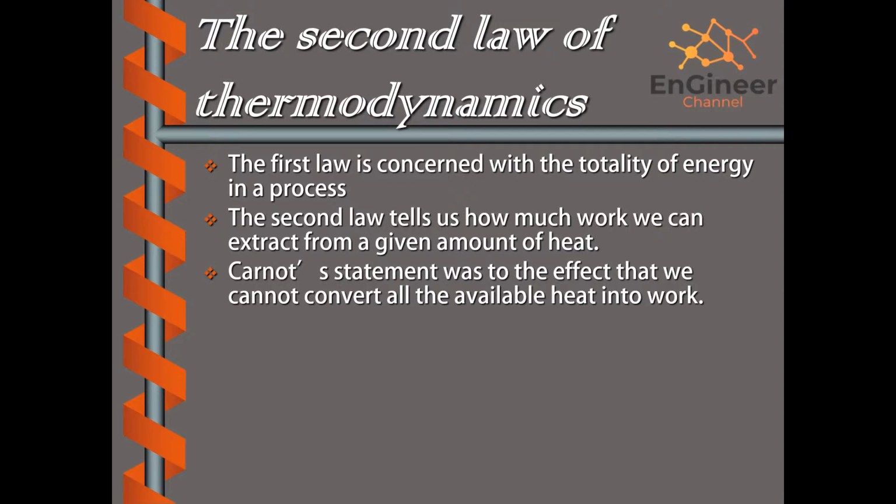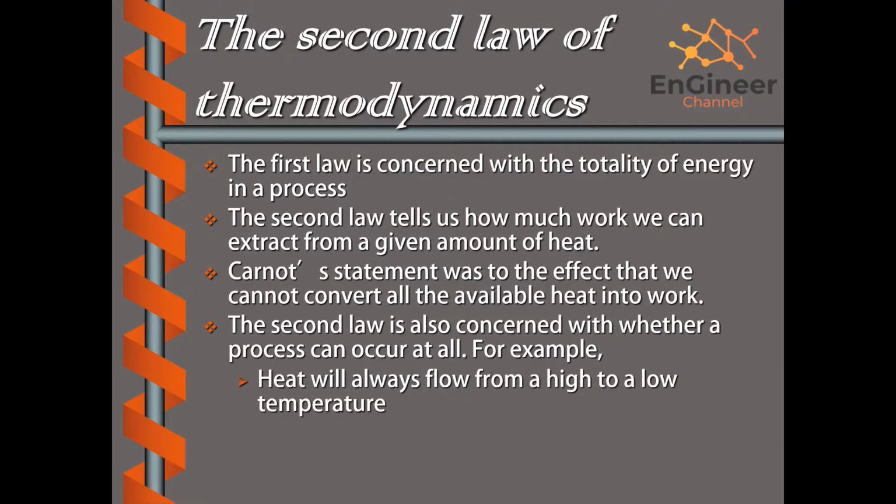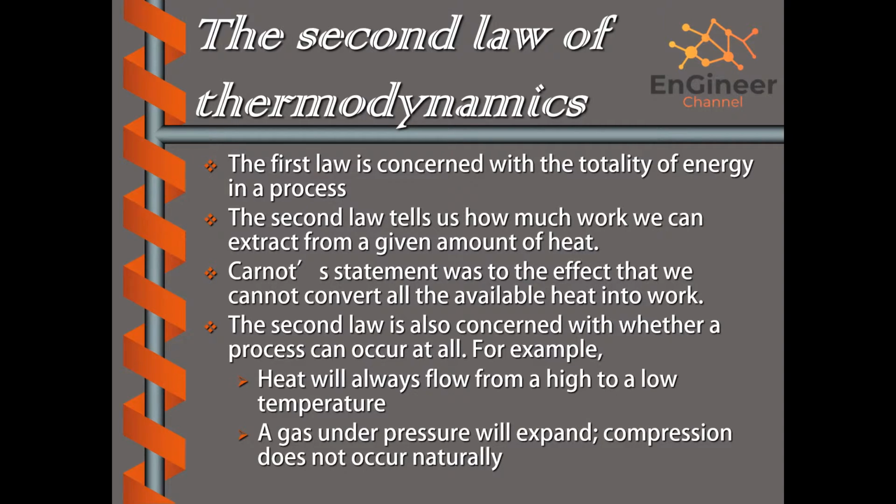Carnot's statement was to the effect that we cannot convert all the available heat into work. The second law is also concerned with whether a process can occur at all. For example, heat will always flow from a high to a low temperature. A gas under pressure will expand. Compression does not occur naturally.